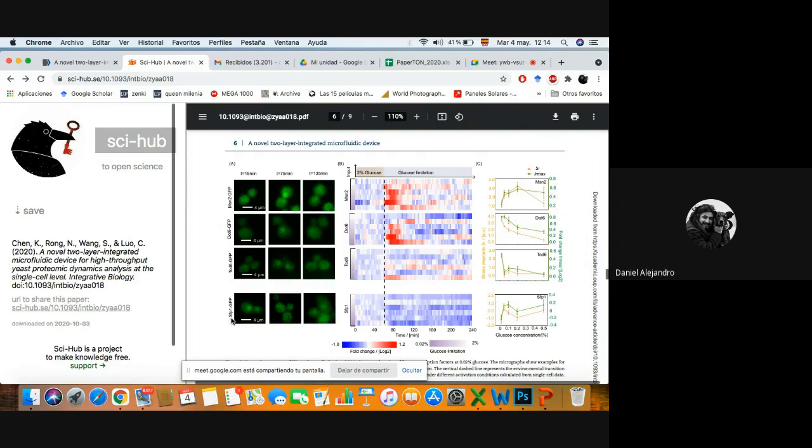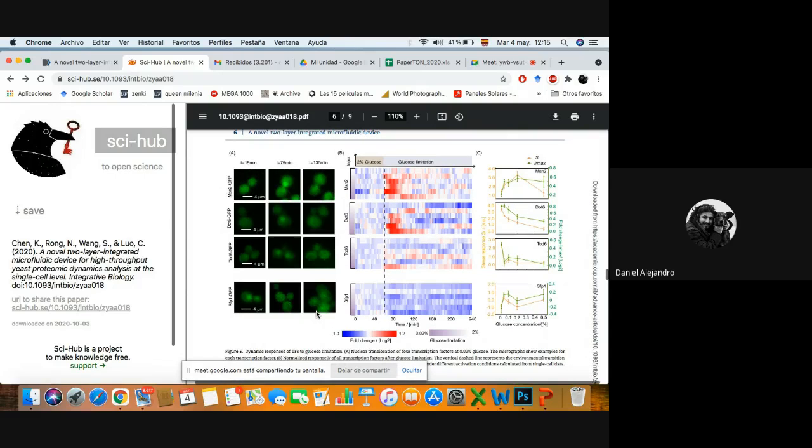But with FP1, you can see that the protein attached with GFP exited from the nucleus, and then it was concentrated in the cytoplasm of the yeast.